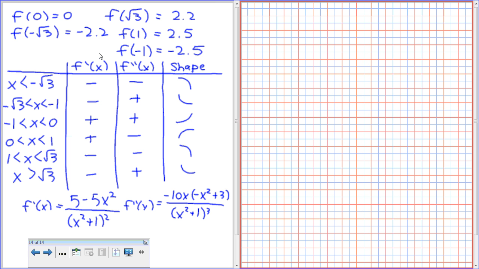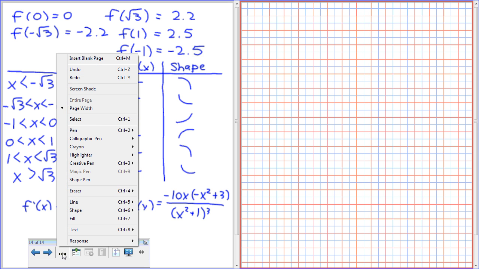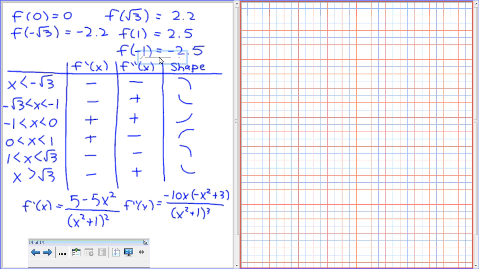I got to get my x values from negative root 3. I get down to negative 2.5. So there's 0, there's 1, there's 2, there's 3.